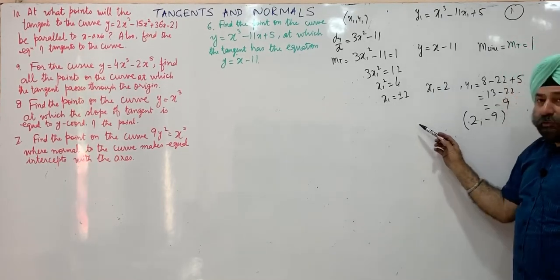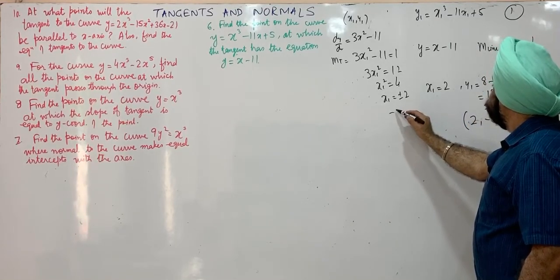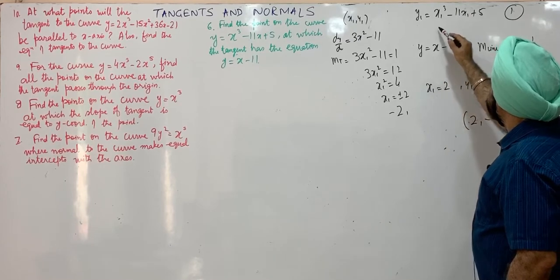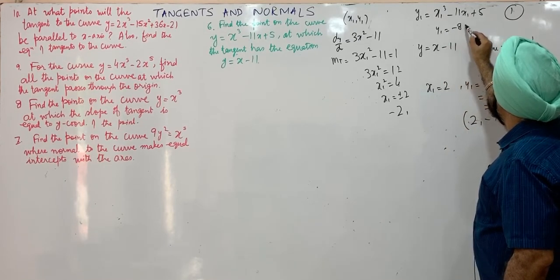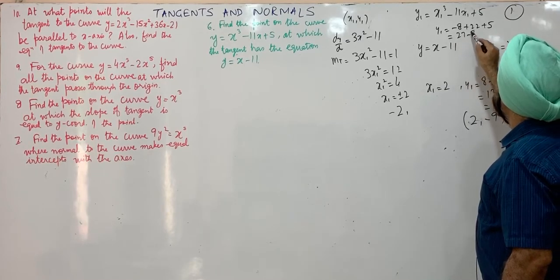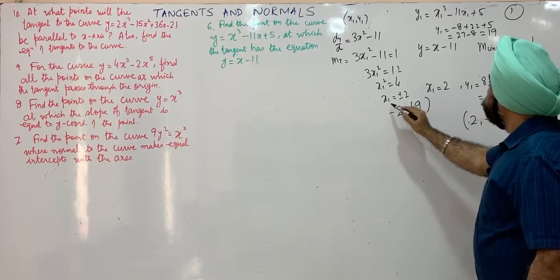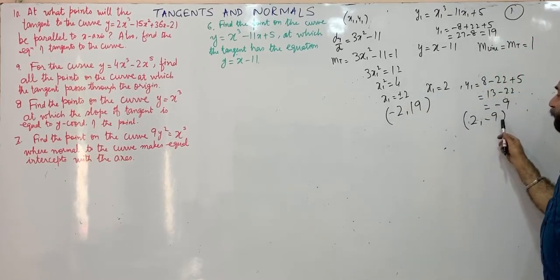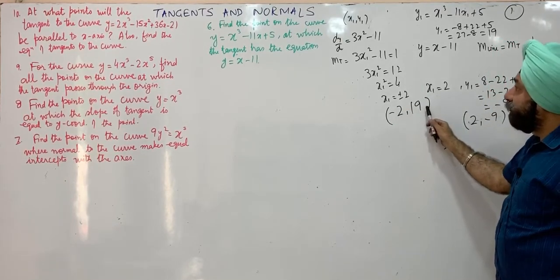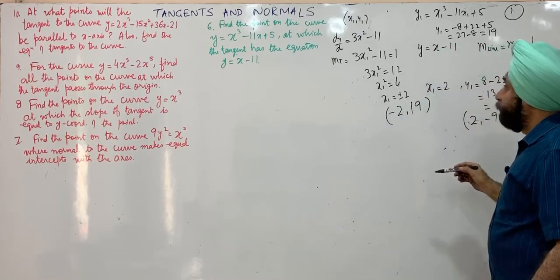Next, we put x1 equal to minus 2 here. So x1 is minus 2, y1 will be minus 8 plus 22 plus 5. That's 27 minus 8, or this is 19. So we have 2 points, 2 comma minus 9 and minus 2 comma 19, where this will be the equation of the tangent.